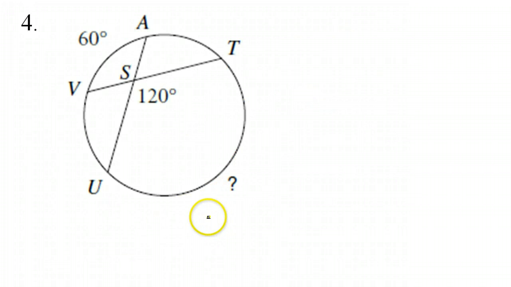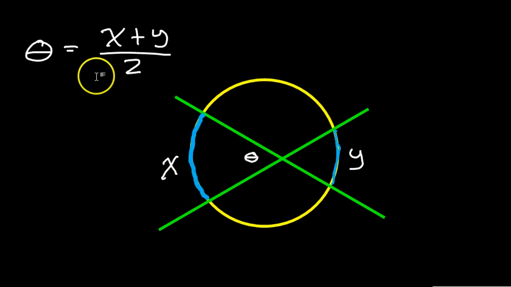Number 4. Here's where kids often will have problems. I'm going to call this question mark x. That's what we're looking for. Now, the formula that we're using is still this one. The angle is inside of the circle, so angle equals arc plus arc divided by 2.